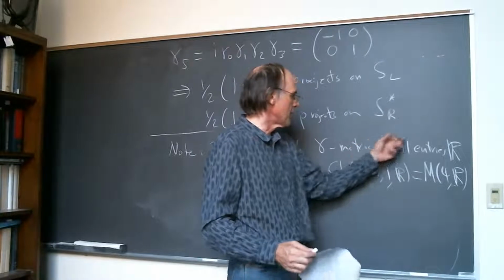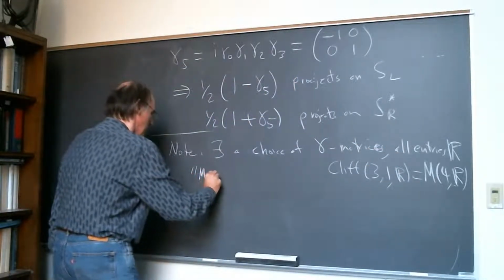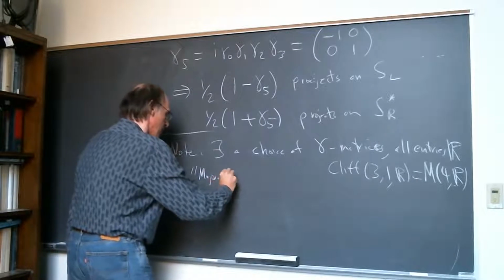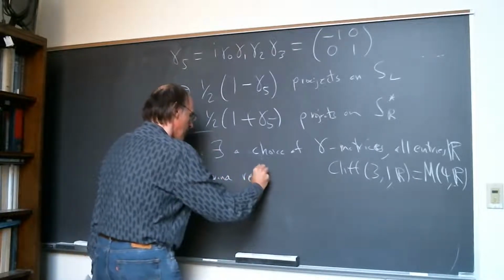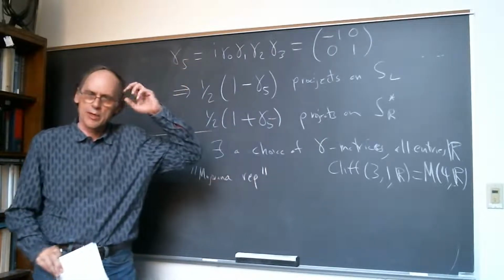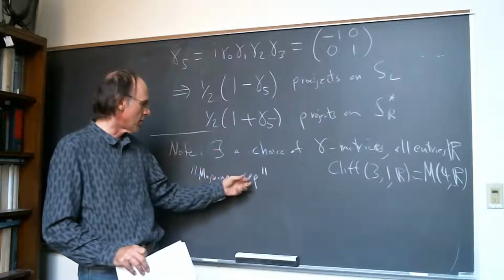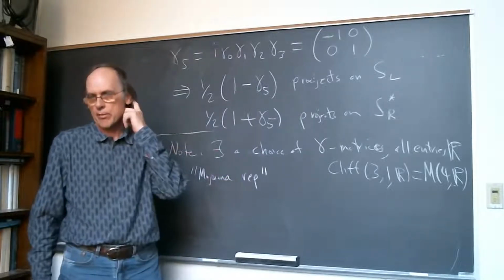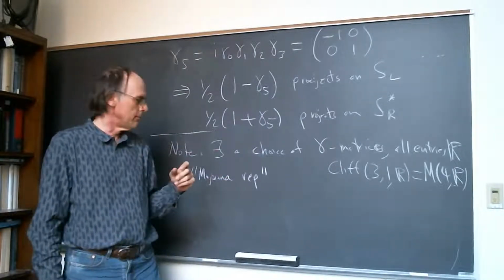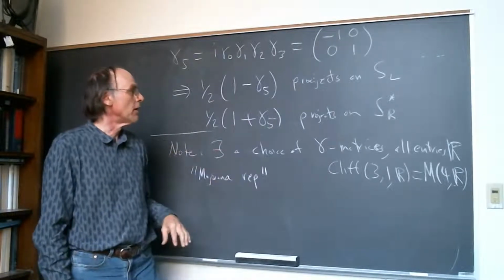So there is a way to do this, and this is called the Majorana representation. I'll say something later on when we get to theories of spinor fields, about what you can do with this Majorana representation. But that's another story.